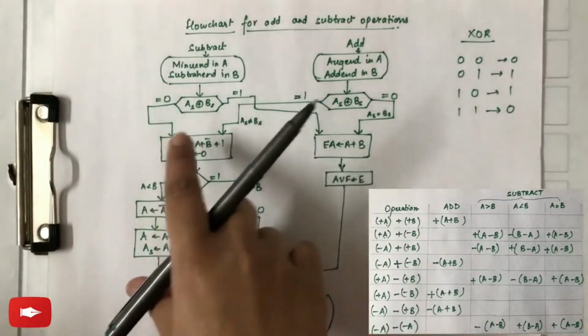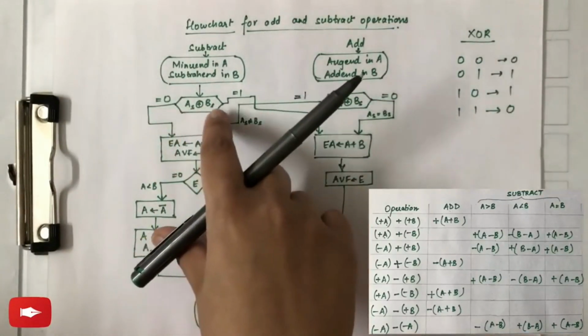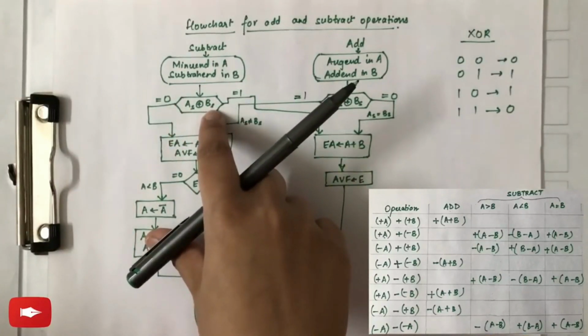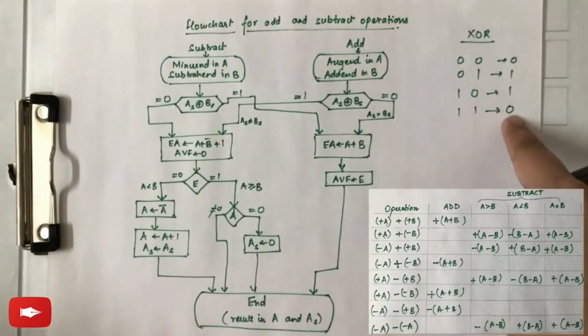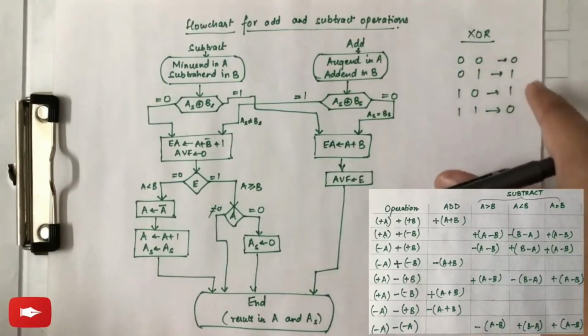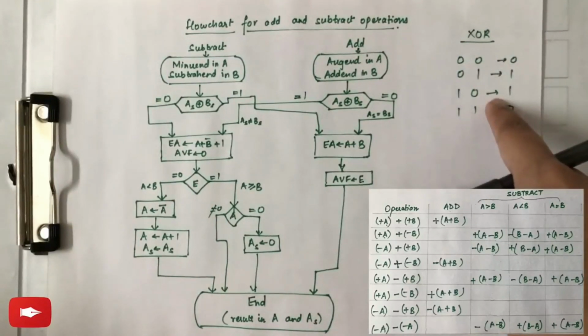For that we perform XOR between the sign bits of the two numbers. AS and BS are the sign bits of the two numbers. If the sign of the two numbers is same, the result of the XOR gate will be 0, otherwise it will be 1.